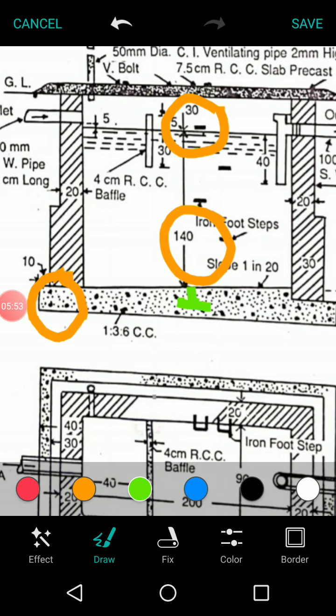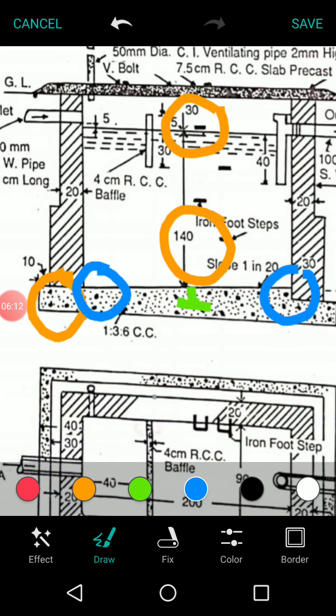How it comes to 5 centimeters: as the floor is sloped, here it is 0 and here it is 10 centimeters.